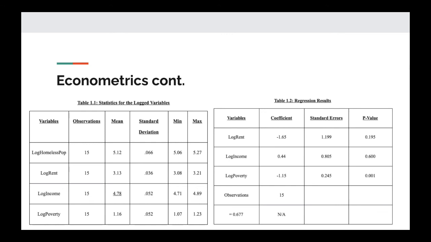Despite the results for log rent and log income not being statistically significant, given their p-values were 0.195 and 0.6, the regression found two more results that contradicted what was hypothesized. According to the regression, if the median rent in California increased by 1%, the homeless population would decrease by 1.65%. We also saw that if the median income increases by 1%, the homeless population would increase by 0.44%.